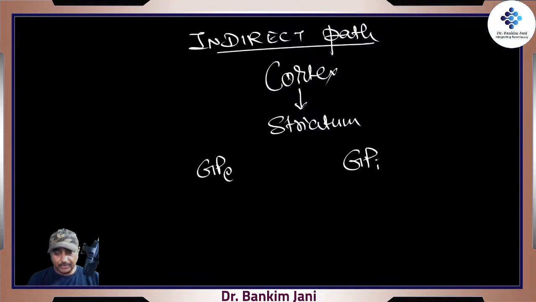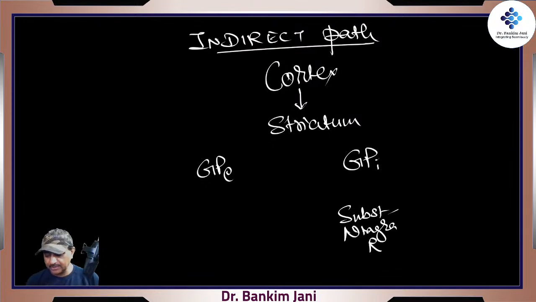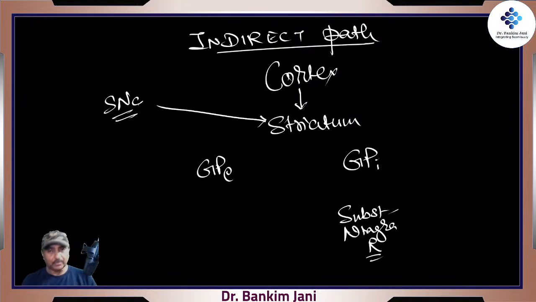Over here, we have got two more characters. One, substantia nigra, which was already there. This is substantia nigra reticulata, because that works on GABA. Substantia nigra compacta will also be acting, as we talked about, on the striatum.